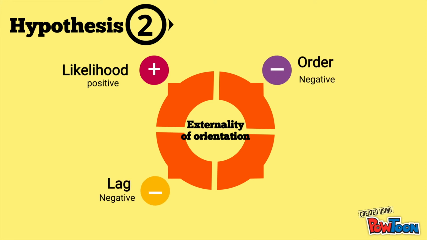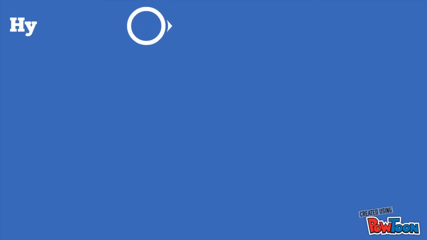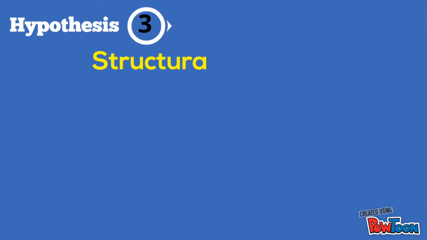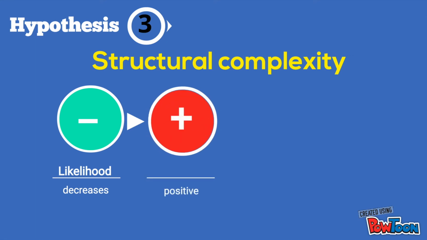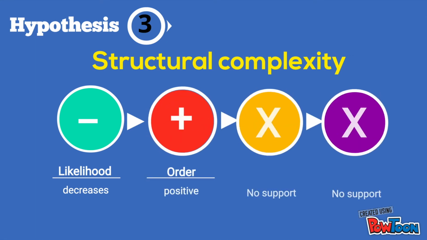There is no support for response imitation. Hypothesis 3 was partially supported. As structural complexity increases, response likelihood decreases. Structural complexity is positively related to response order. No support for others.